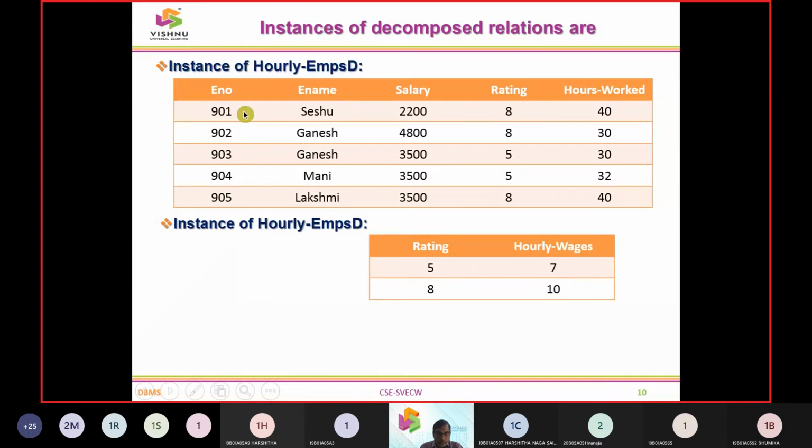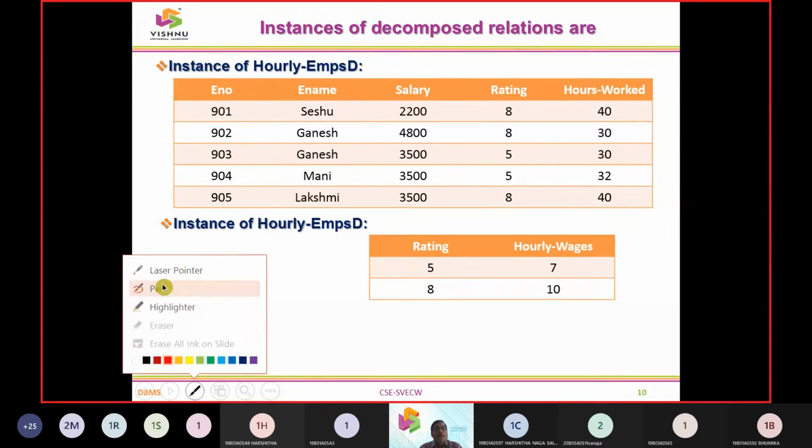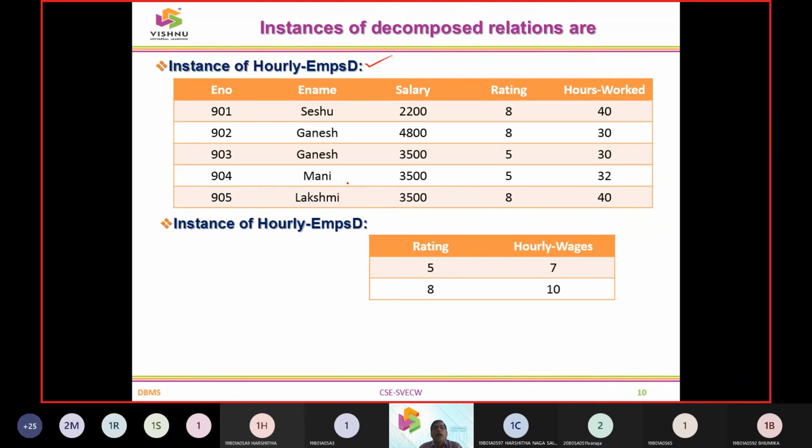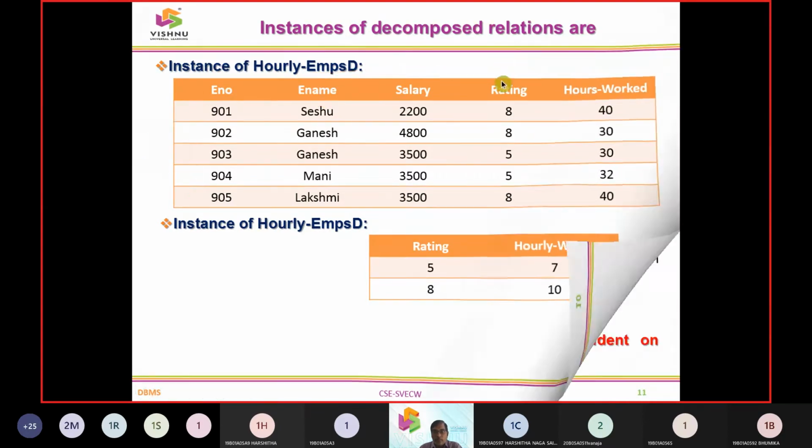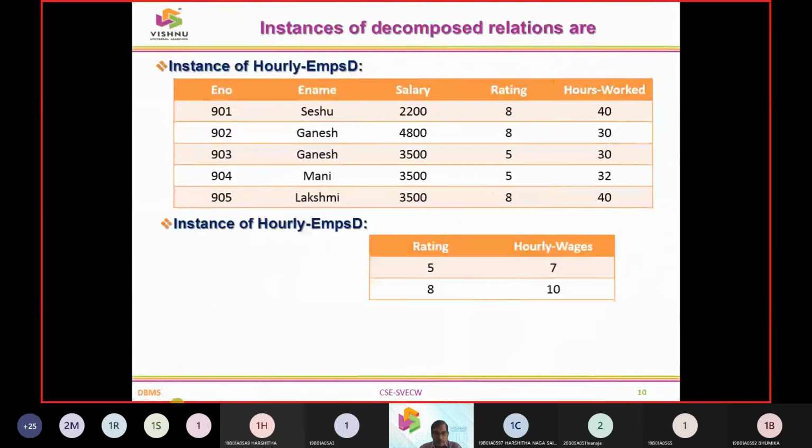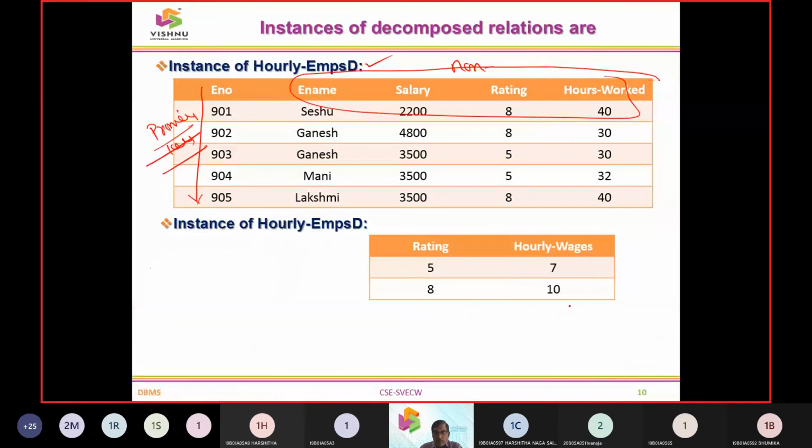So when we talk about this table, hourly employees D, assume employee number is going to be the primary key. Then the other fields are called non-key attributes.